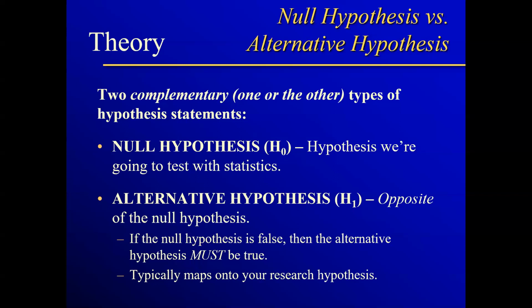If you say that two things are related, obviously them being not related is not true. So it can only be one or the other. It's either they are related or they're not related. It can't be both. So the alternative and the null are opposite of each other.